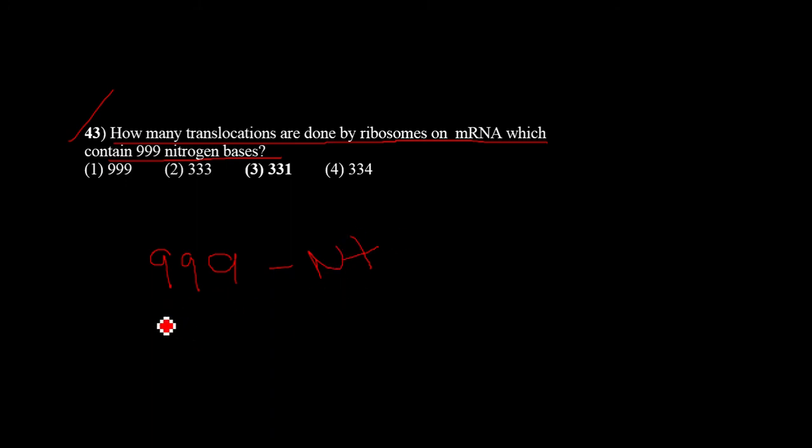The ribosome will translocate one time for one codon. Means 999 nucleotides are there; if you convert that into codons, 333 codons.